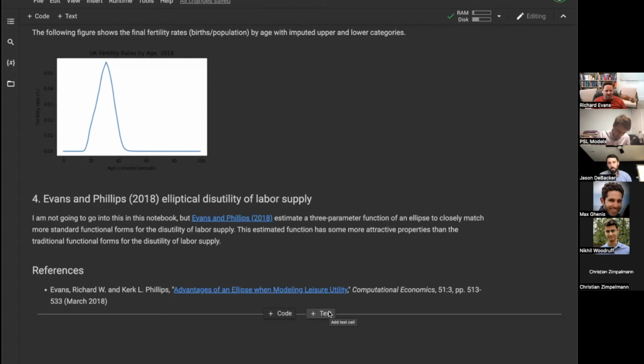And so we fit an ellipse to match those two functional forms as closely as possible, and then use that in our disutility of labor functions. And that's just yet another example. The elliptical disutility of labor was another 3-parameter function that we estimated those parameters to.